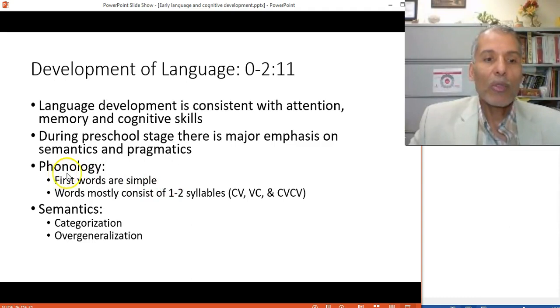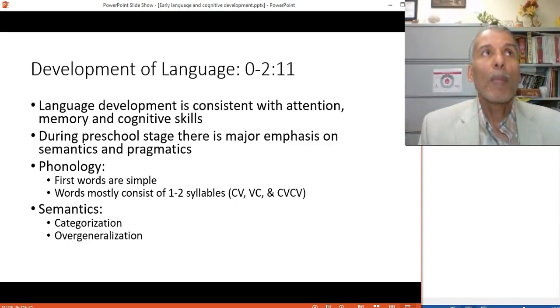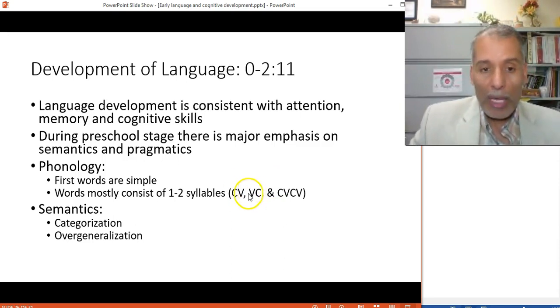And then in terms of phonology, their words at the beginning are simple. They usually have a consonant and vowel, like ma, da, ball will be ba. And then they go from there to vowel consonant, like up.